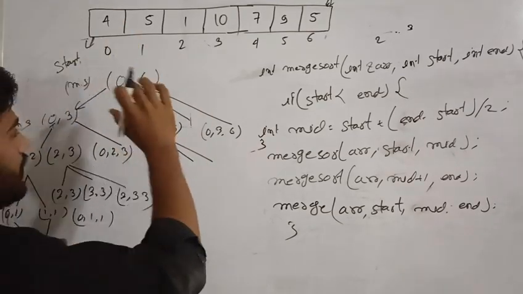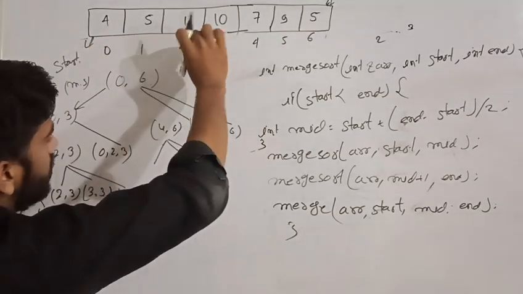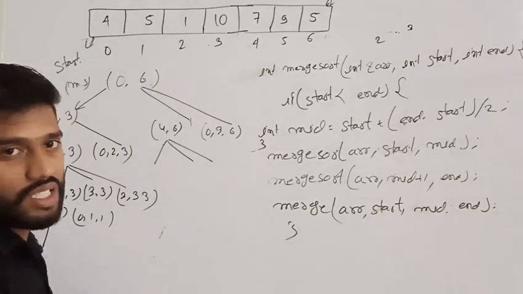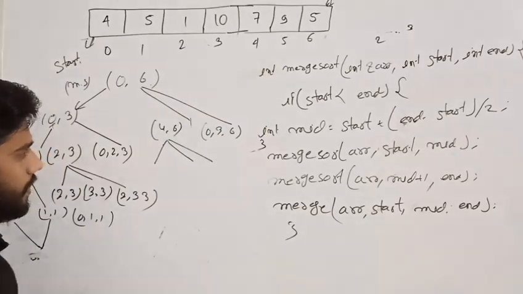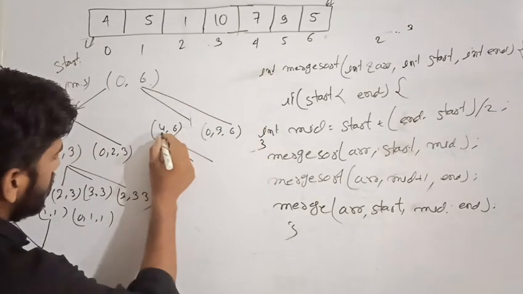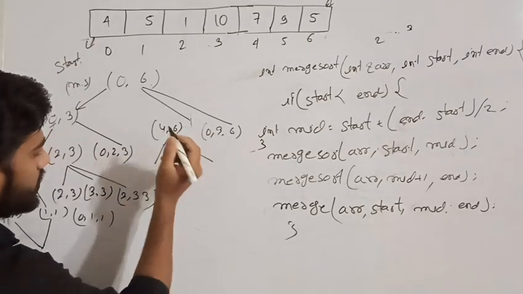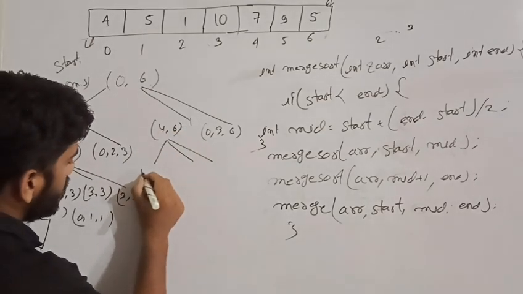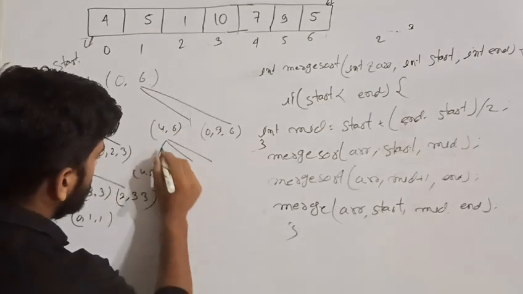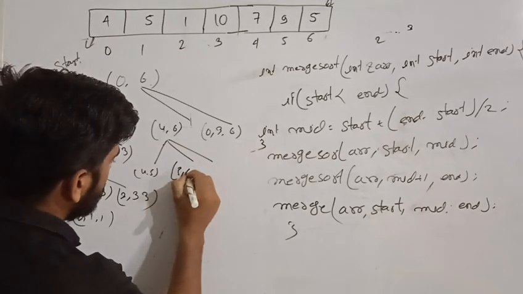how the compiler works with the help of indexes. Okay, indexes. Again, 4 plus 6 is 10, divided by 2 means 4 and 5, and it becomes 5 and 6.